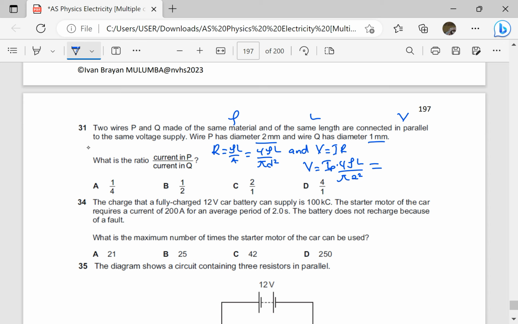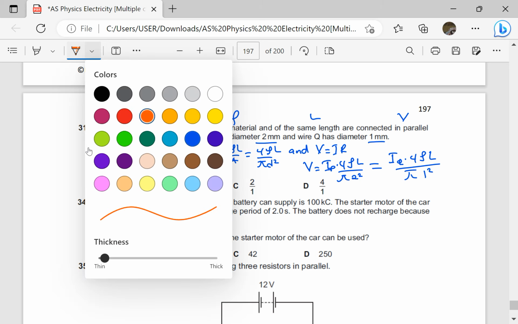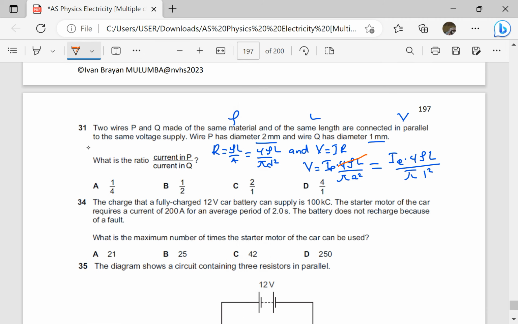The same PD should be obtained for Q, so I'll just say equals the current in Q, which is IQ, times 4, same resistivity, same length, over pi. The diameter of Q is 1 squared, 1 millimeter. I've not changed the units because I'm dividing, they are cancelling out. So using a different color, you see that 4 has cancelled and pi has cancelled.